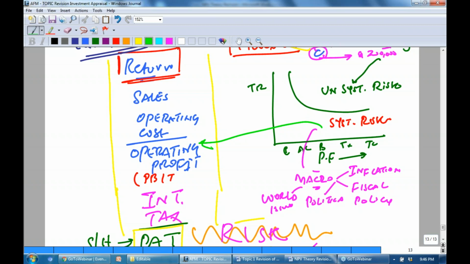For example, inflation is higher and sales drop. Inflation higher means material cost higher, labor cost higher, so operating profit drops. So the first risk that an equity holder considers is that my profit may vary due to systematic risk.